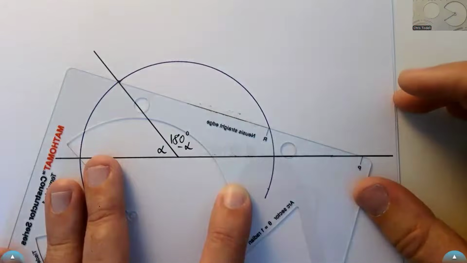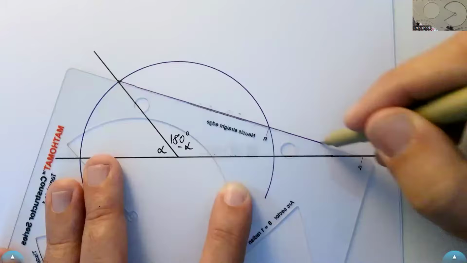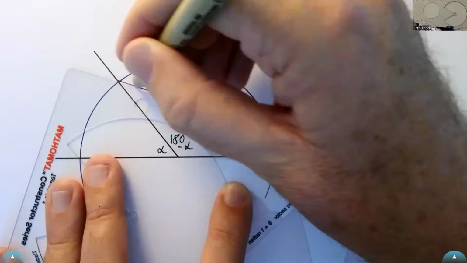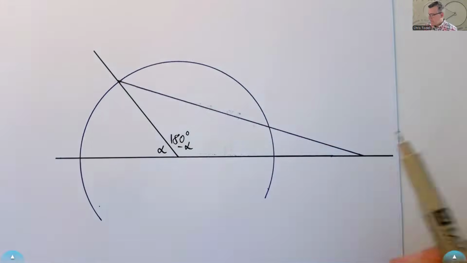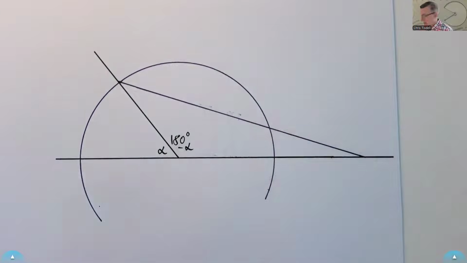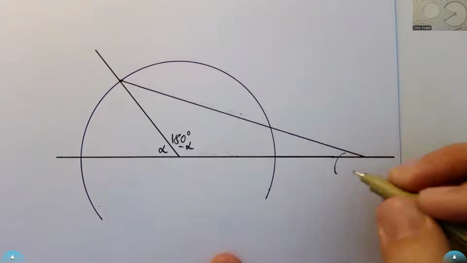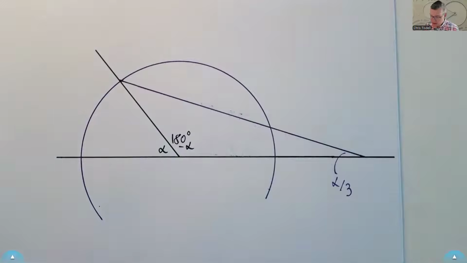A little bit of back and forth is required. Now this angle here is 1/3 of alpha. So that's the standard construction.